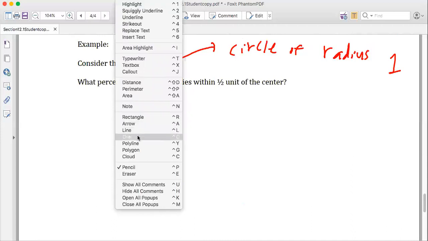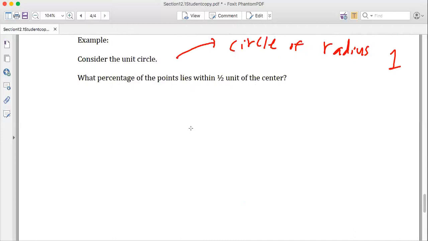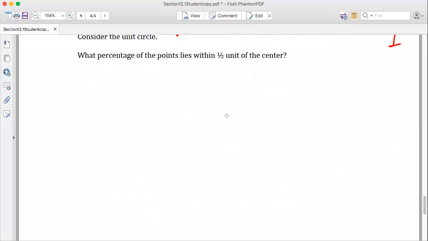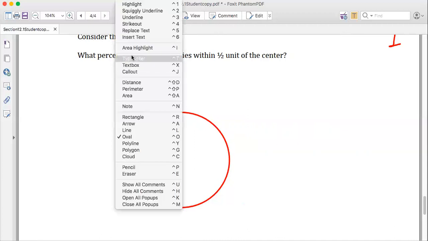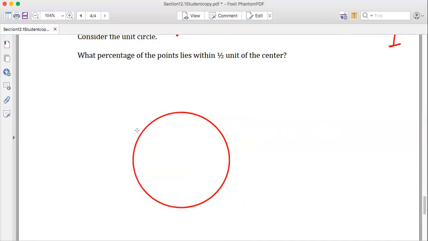Let me see if I can get a nice sort of circle drawing in here. You probably miss when I would draw the circles by hand, don't you? So there's my circle of radius 1, and I'm going to go ahead and put my grid lines in there. Ooh, well, you probably miss when I would draw the grid lines by hand too. It's still going to be just like kind of okay.